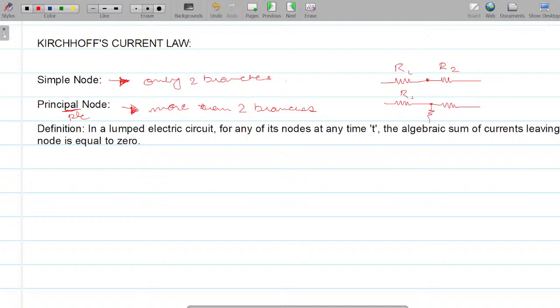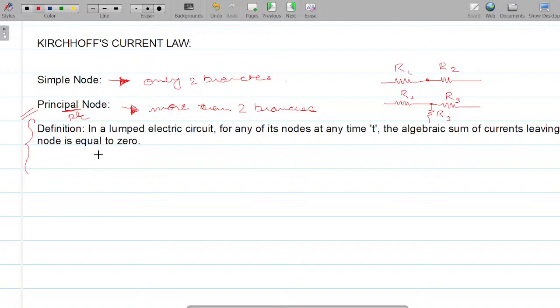So this qualifies as a principal node. Whenever you see an interconnection of more than two branches, that would be a principal node.